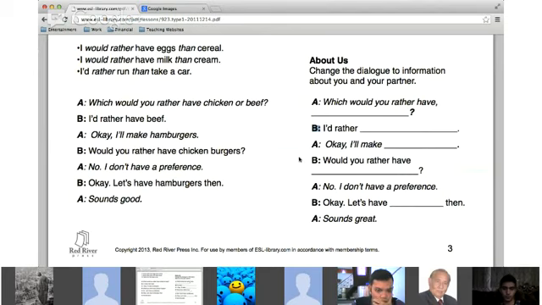The situation is that you are going to get together and have lunch or dinner. We're going to practice asking what the person would prefer. Instead of saying which would you rather have, you can also say which do you like better.